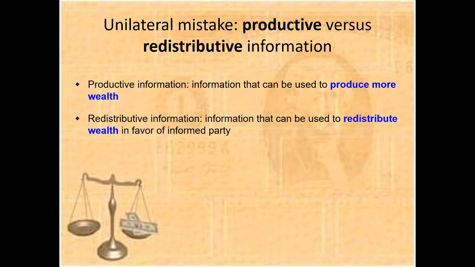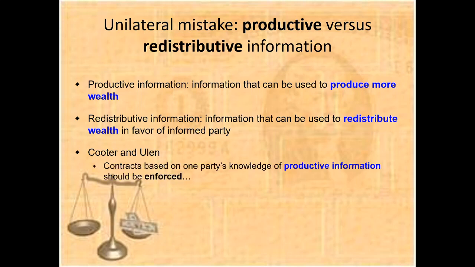Redistributive information, on the contrary, means information that can be used to redistribute wealth in favor of the informed party. These two distinctions are very important in the Cooter and Ulen textbook when we speak about this problem of contract law. A contract based on one party's knowledge of productive information should be enforced, especially if that knowledge was the result of an active investment.